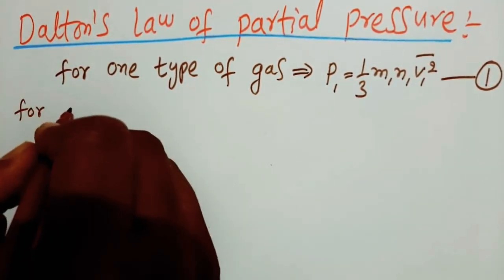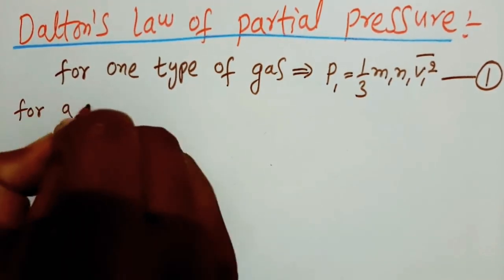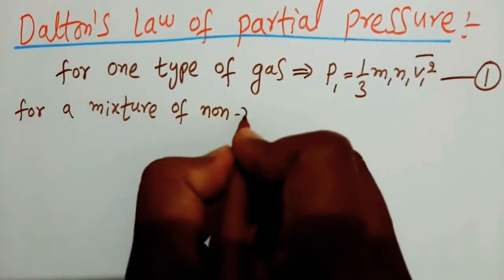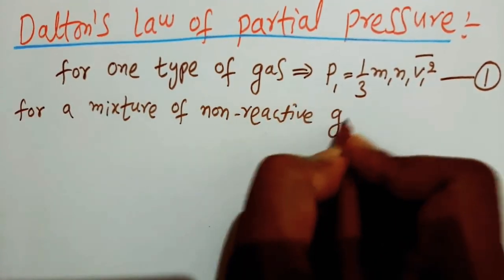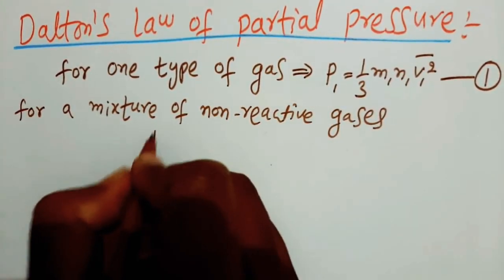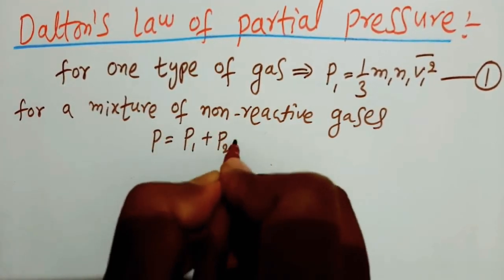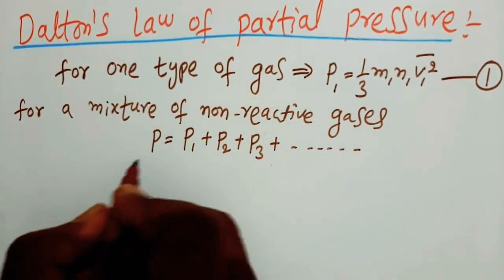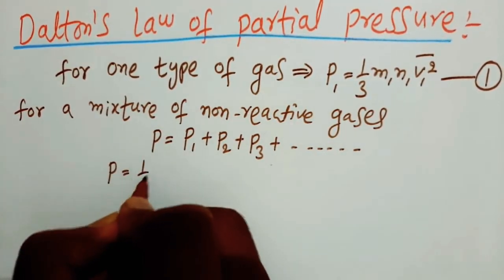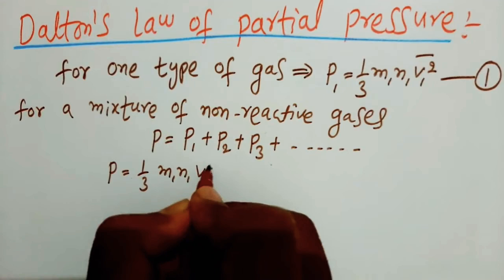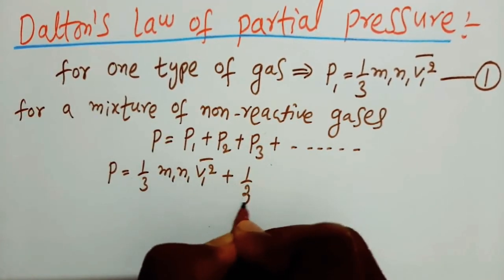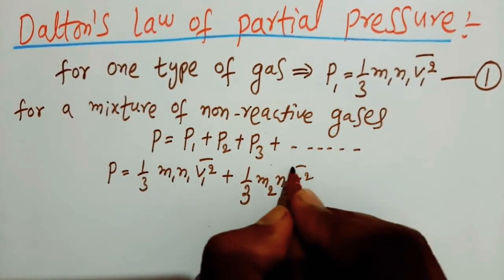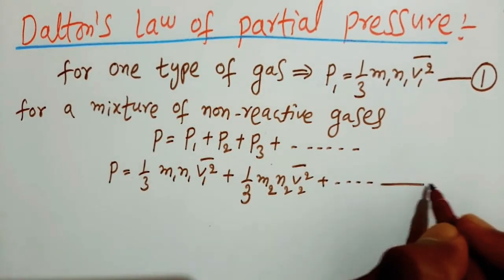For a mixture of non-reactive gases, we can write pressure P = P1 + P2 + P3 + ... So from equation 1, P = 1/3 m1 n1 v1² bar + 1/3 m2 n2 v2² bar + ... Let us take this as the second equation.